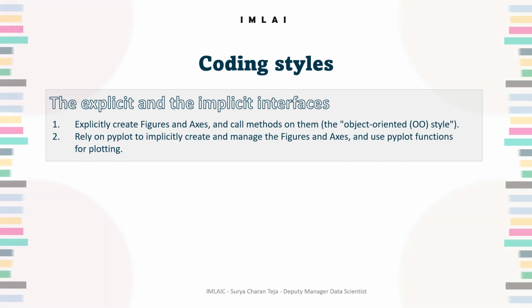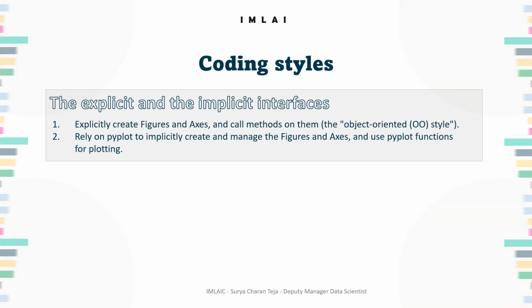Whereas in the second case, we don't create figure and axis objects specifically; only the figure object will be created, and for all the remaining activities, the plot itself will take care.